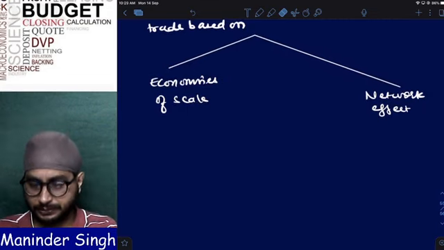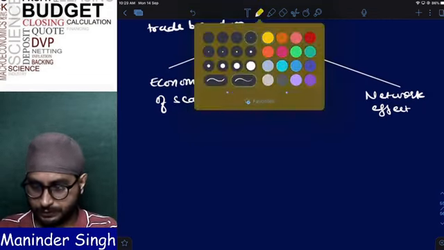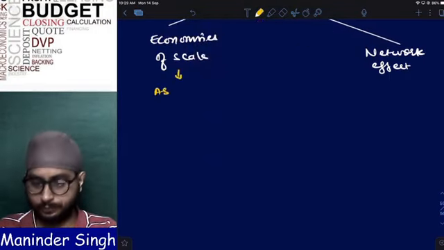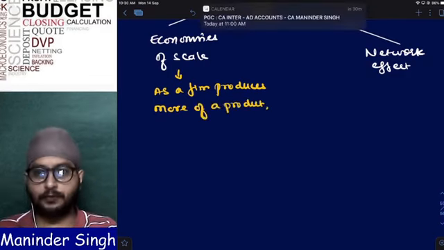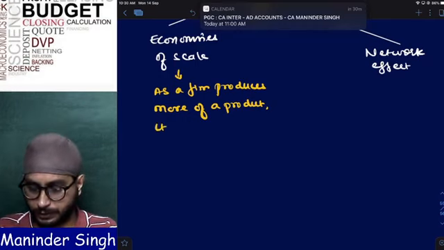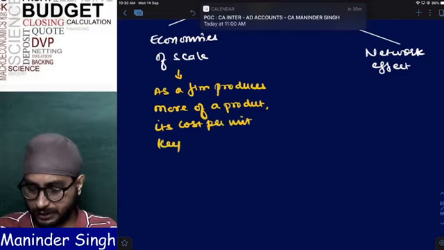So can I say it like this? We'll write something like this: as a firm produces more of a product, its cost per unit decreases, or you can say keeps going down.